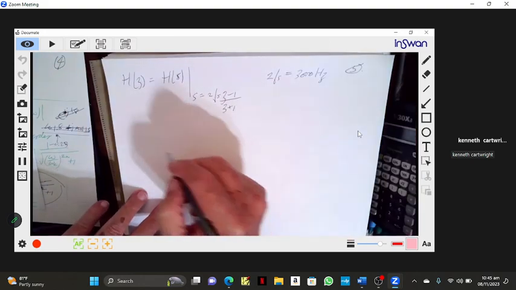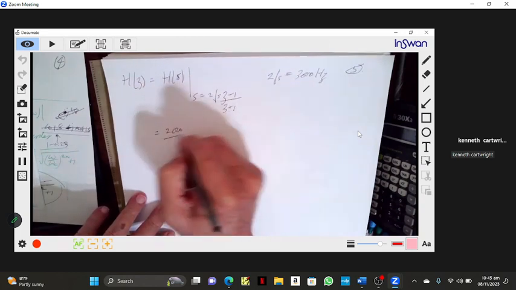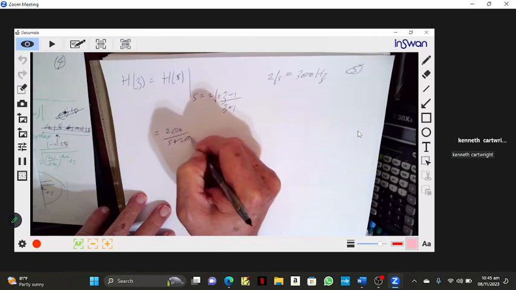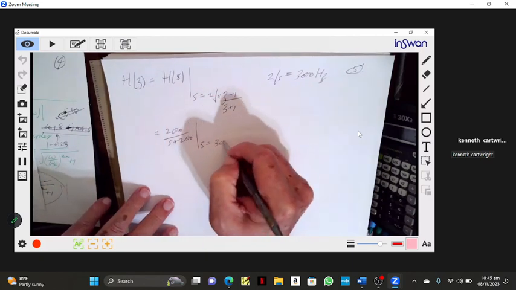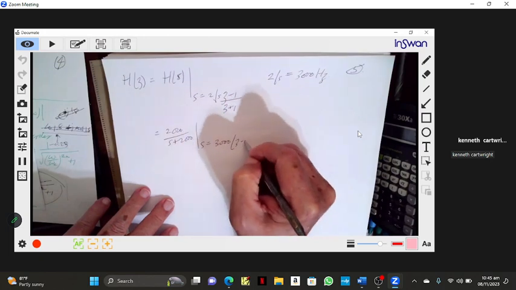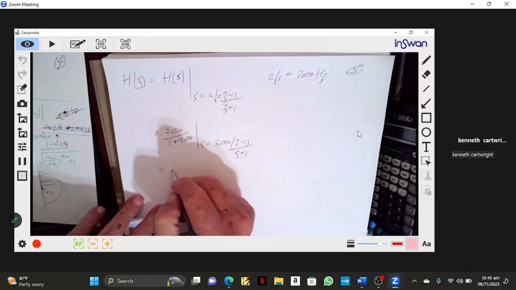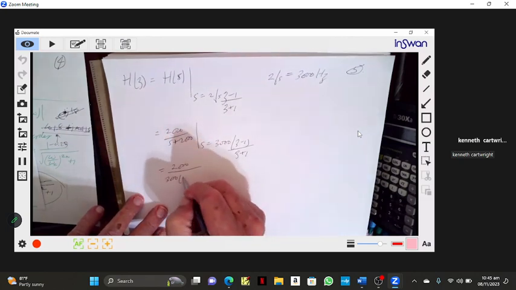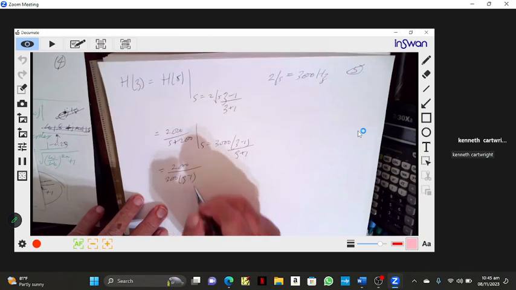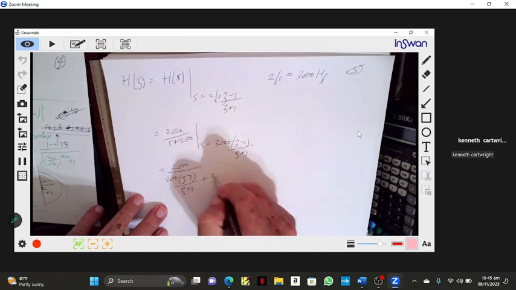So we have 2,000 over S plus 2,000, evaluated at S equals 3,000 times Z minus 1 over Z plus 1. So we make that substitution: 2,000 over 3,000 times Z minus 1 over Z plus 1, plus 2,000.